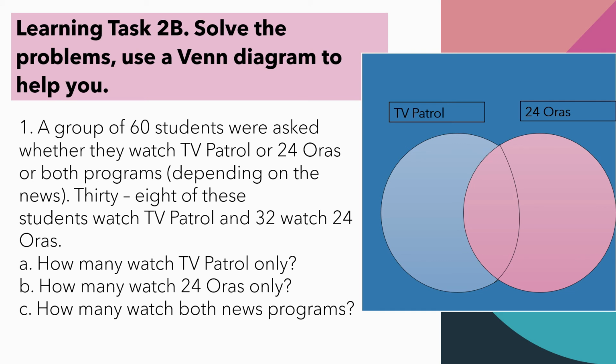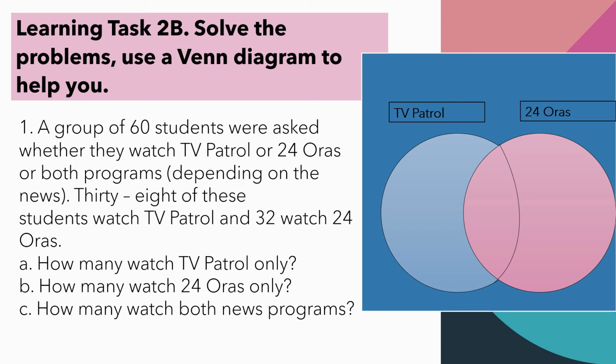For your learning task 2B, solve the problems using a Venn diagram to help you. The sample Venn diagram is on the right side of the slide. A group of 60 students were asked whether they watch TV Patrol or 24 Horas or both programs, depending on the news. 38 of these students watch TV Patrol and 32 watch 24 Horas.